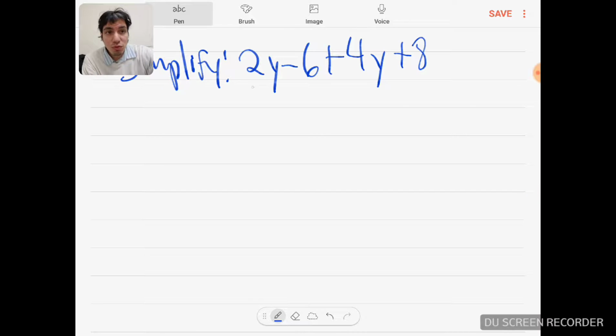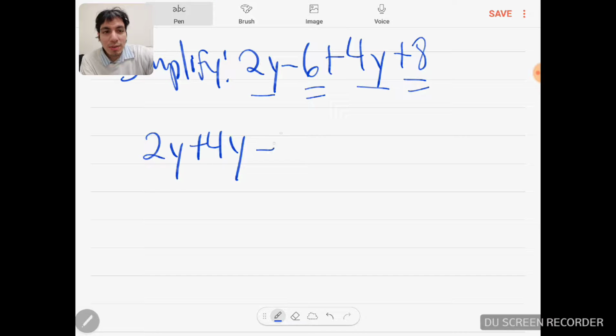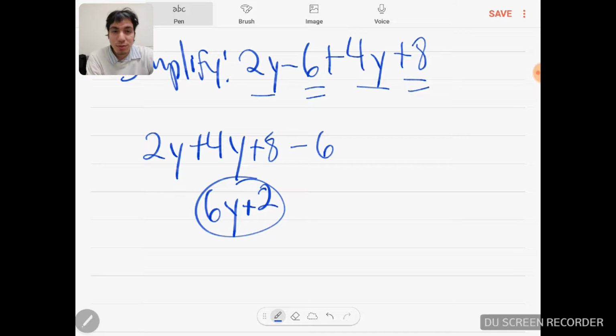So I'm going to group the y's with the y's and the numbers with the numbers. So I get 2y plus 4y plus 8 minus 6. So now I can combine like terms very easily to get 6y plus 2 as my answer.